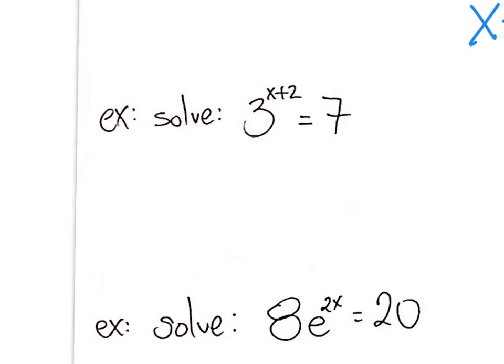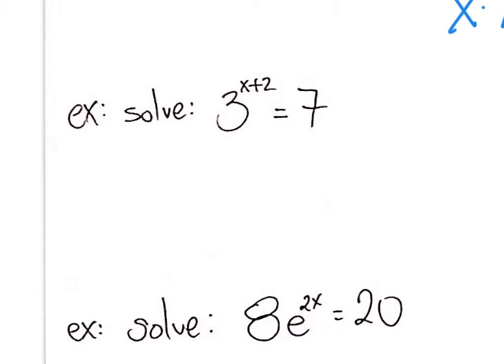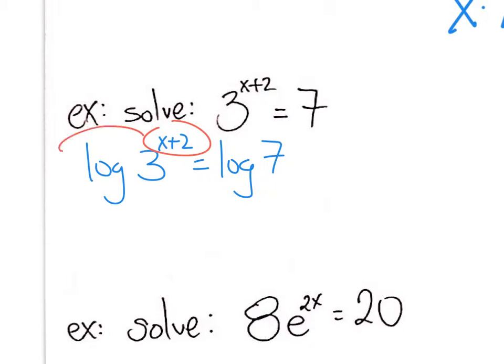So next example. Same thing, we're going to take the log of both sides. So we have log of 3 to the x plus 2 equals log of 7. And I now know that I can take the exponent and move it down as a coefficient.